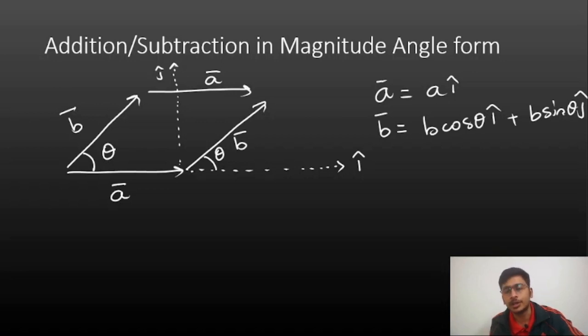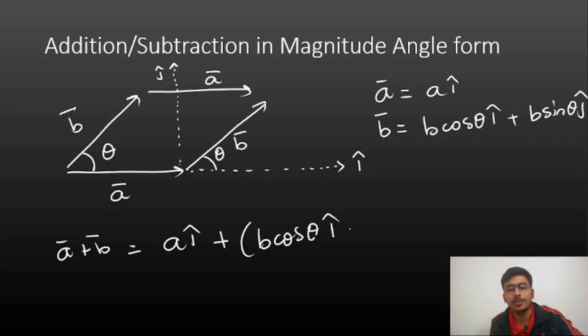And since I wanted to add these two vectors, I'll simply add them. How will I add them? I'll add them in the component form. A vector plus B vector can be written as A I cap plus B cos theta I cap plus B sin theta j cap.